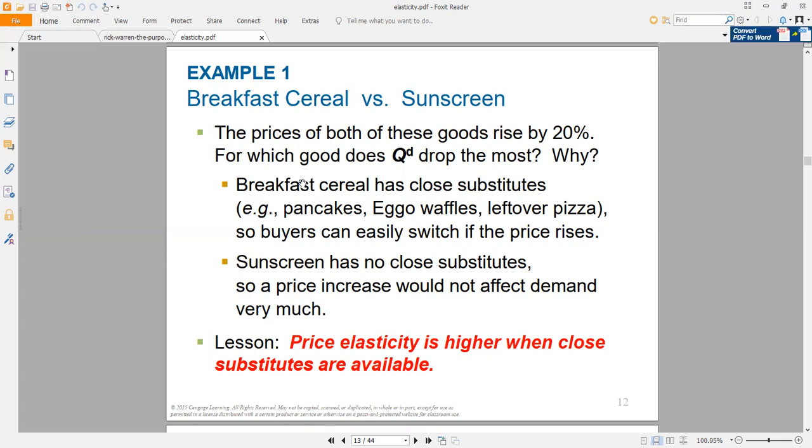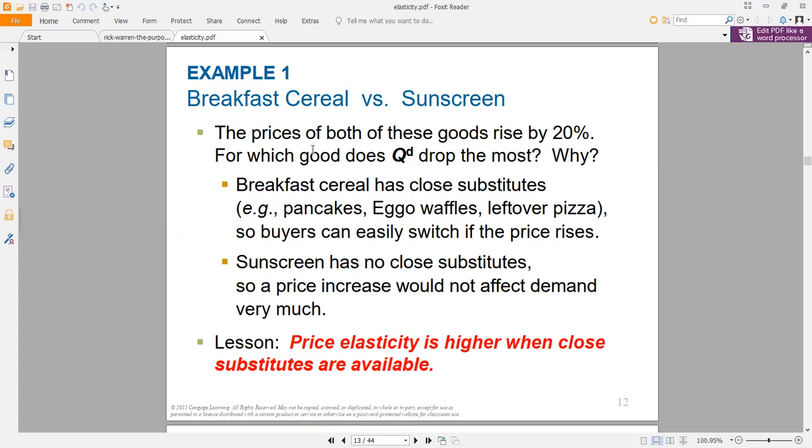Okay, so here, when the price of both breakfast cereal and sunscreen increased by 20%, then the percentage drop in quantity demanded for cereal will be higher than that of sunscreen, all because breakfast cereal has more substitutes than sunscreen.